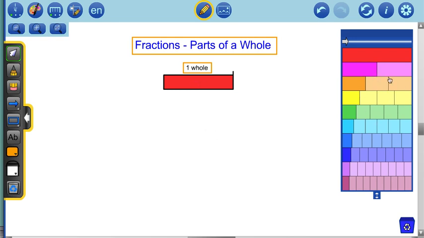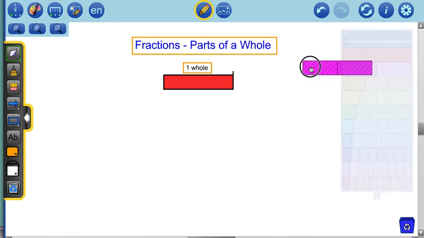Now, if you look at this really handy toolbar here, it shows you all of these rectangles are the exact same size, but they're divided into different equal parts, a different number of equal parts. So we're only going to look at these three here, but as you can see, there's so many possibilities for fractions, okay?